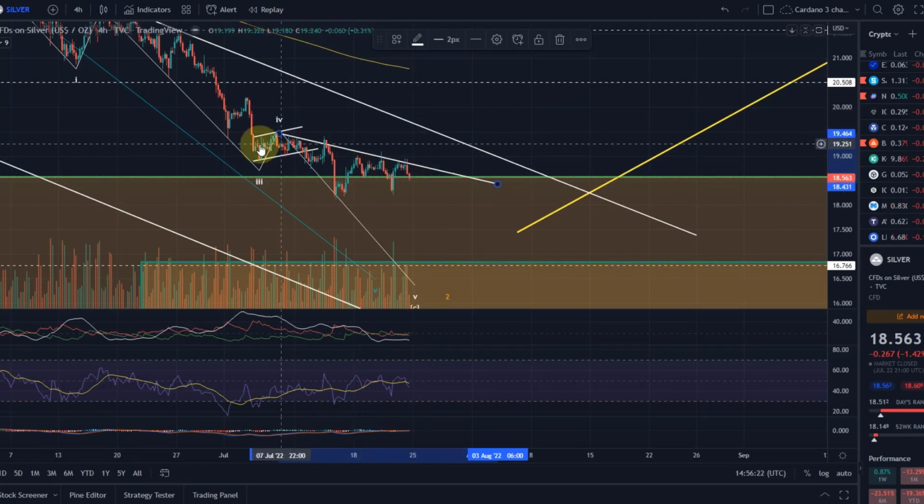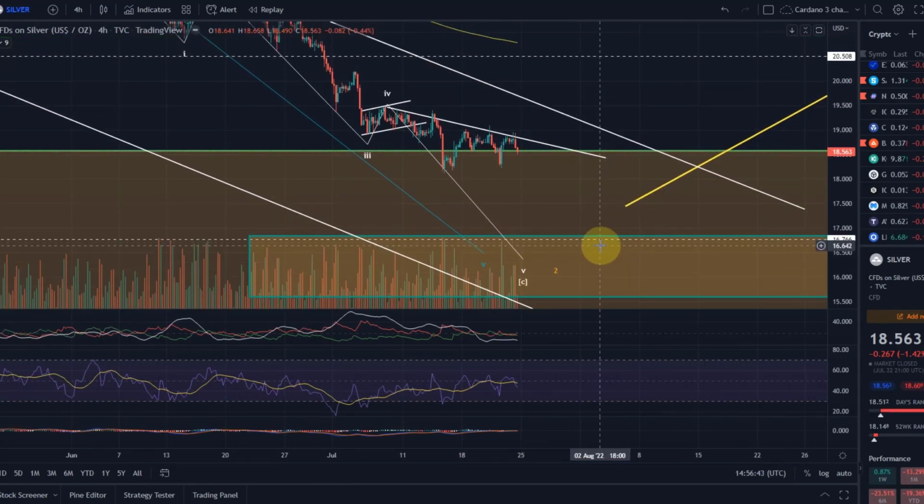This is sort of the short-term one. A breakout above that might lead to a small rally to the wave 4 high at $19.50. But again, as long as we don't get above that, we can remain focused on the plan and the further downside potential of the silver price. Okay, and that's currently my view.